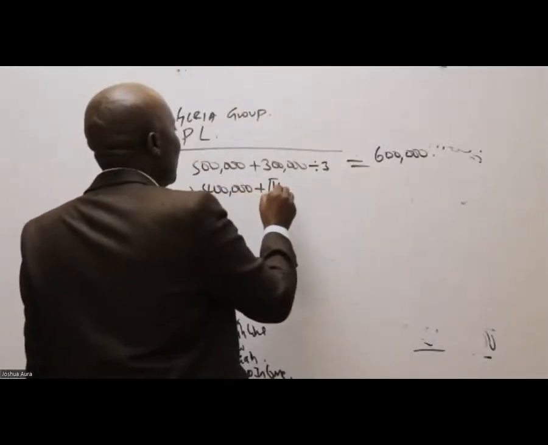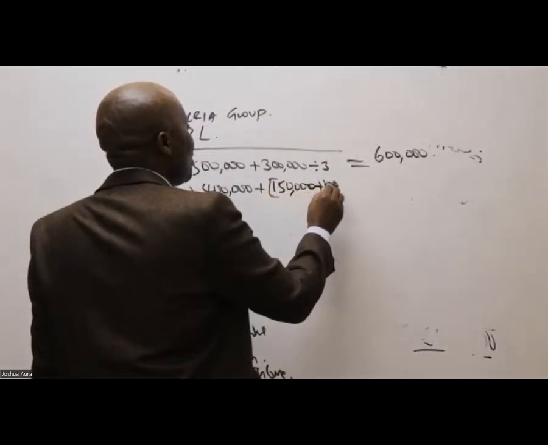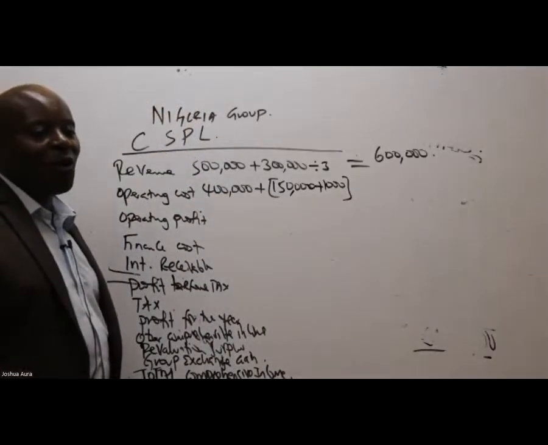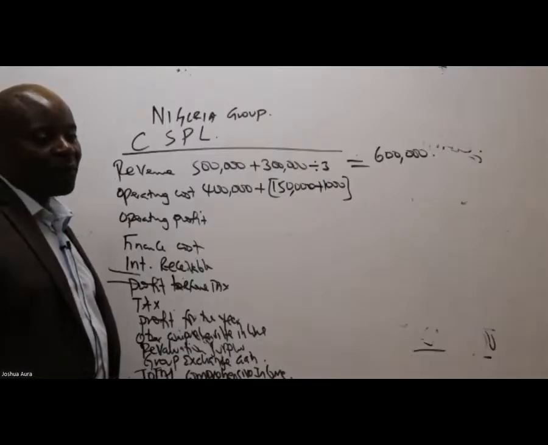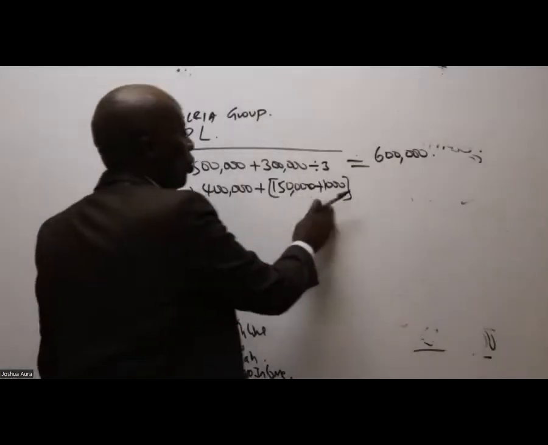But remember, there is another operational cost that so many people will forget. There was an additional depreciation which came because of your fair value adjustment. That automatically will go to the operations.